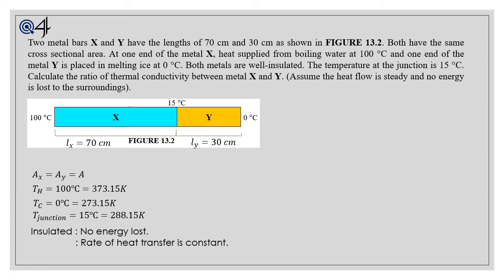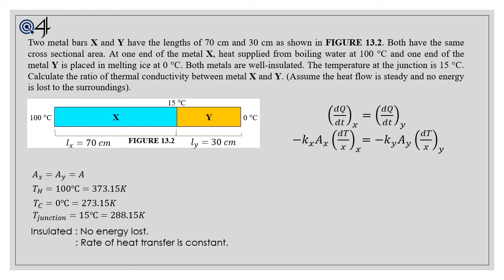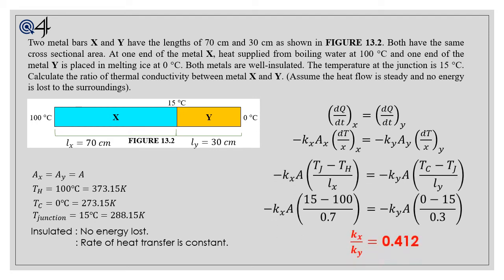Again, the case that we have right now is insulated, where we take note that there is no energy loss and the rate of heat transfer should be constant. So by applying the rate of heat transfer equation, we'll get the ratio of thermal conductivity between metal X and Y is 0.412. There's no need to write the unit in this case because they ask for the ratio.